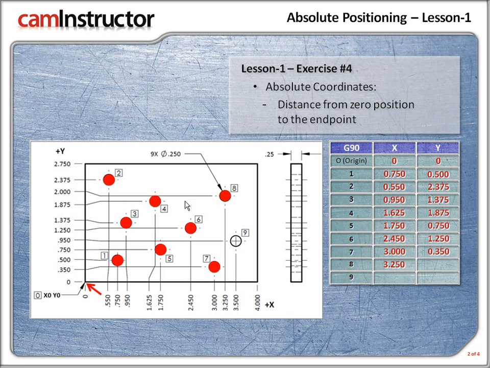Now if I just move over to the left, the Y value is 2.0. Next up is hole 9. Now for hole 9, the X value is 3.5. Now let's just scoot over to the left, and the Y value is 0.95. So that's the absolute coordinates.